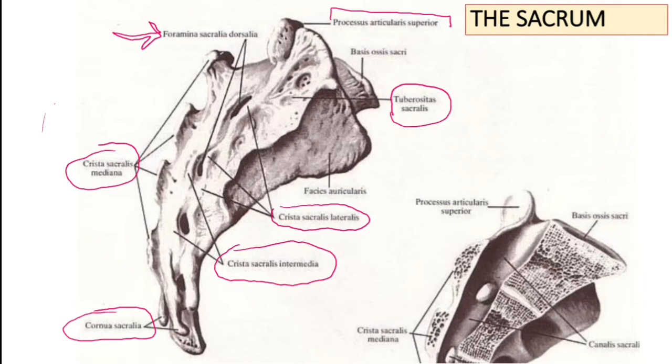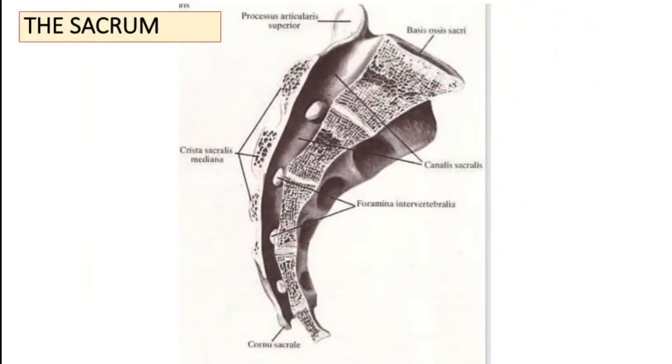Okay, so if we slice this at a certain level, we will come up with this view, right? So let me just zoom in. Okay, so you can see the sacral canal, canalis sacralis.